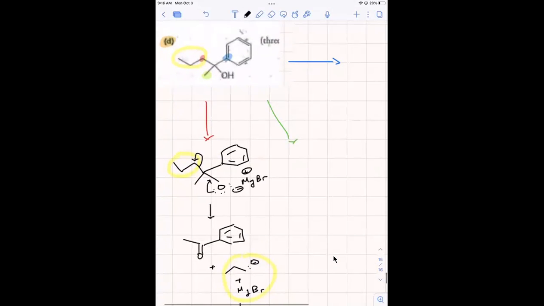All right, what about the other fragment? Keep in mind the first step in the retrosynthesis or retrosynthetic analysis for these compounds is always the same thing, right? It's right here.